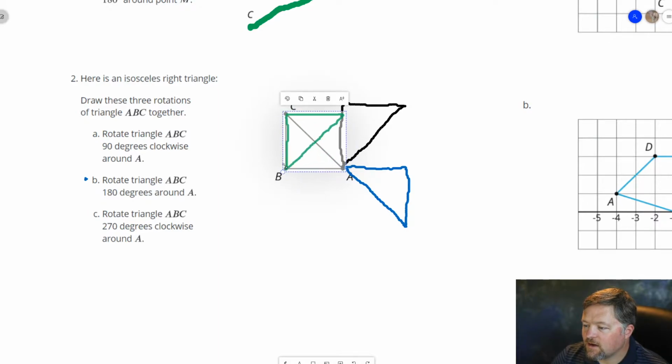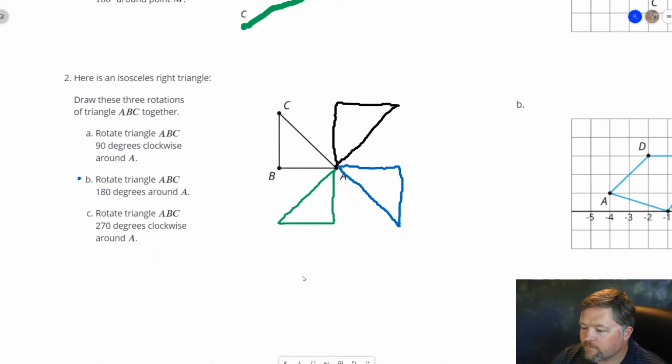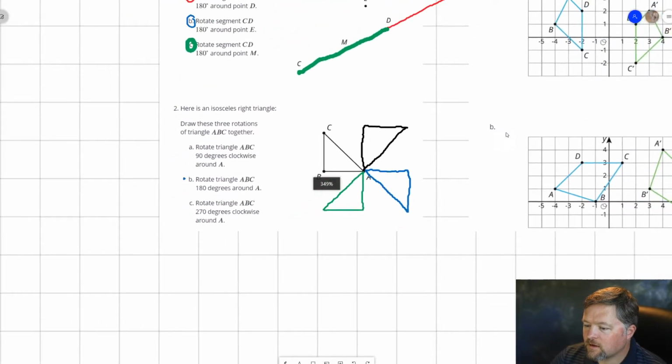So 90, 180, 270 clockwise around point A.